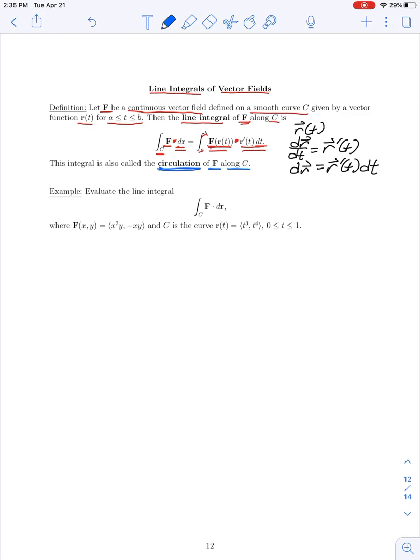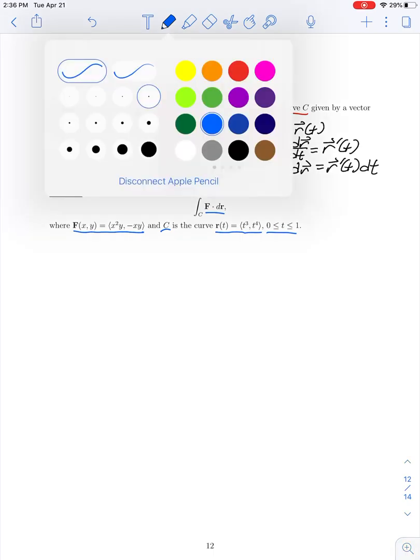So in our first example, we're asked to evaluate the line integral of f dot dr over the curve C, where our vector field f is the field whose component functions are x squared y and negative xy, and the curve C is the curve whose vector equation is t cubed, t to the fourth, where t ranges from 0 to 1.